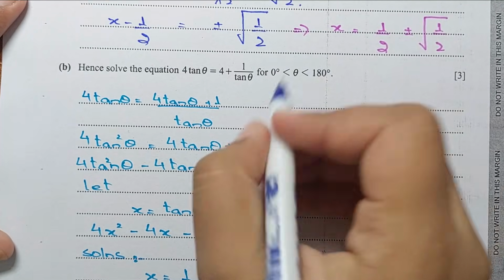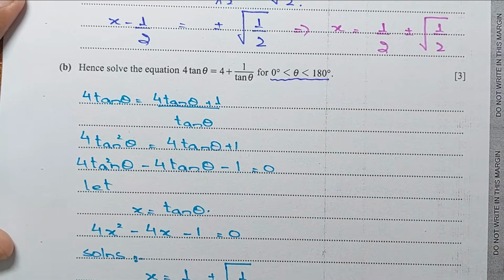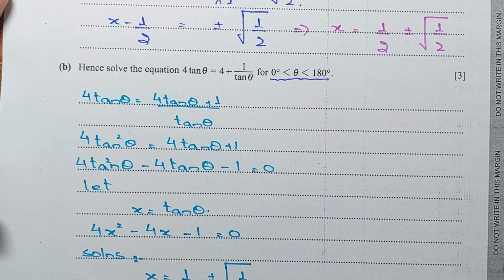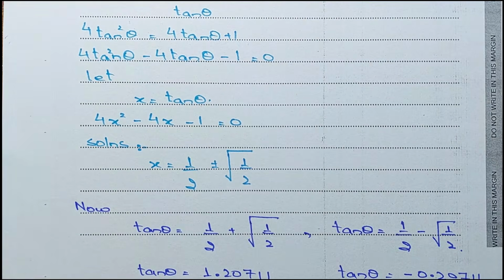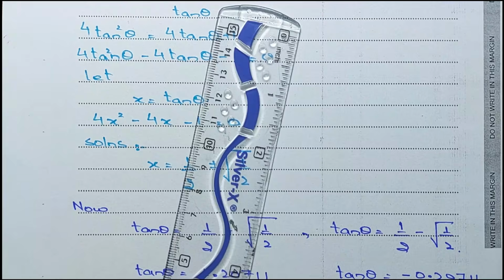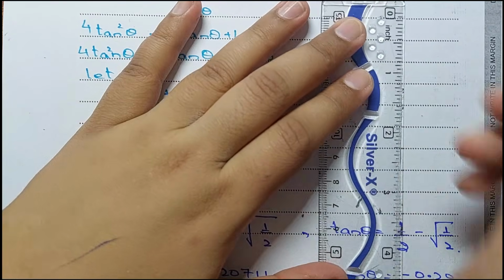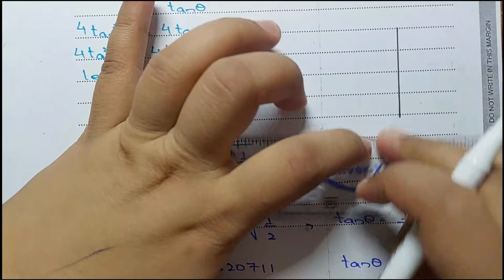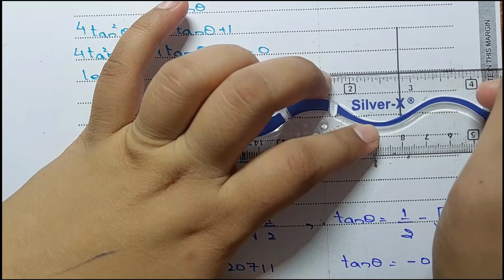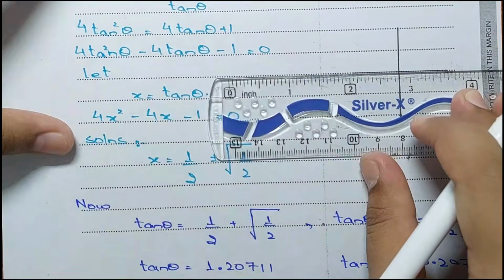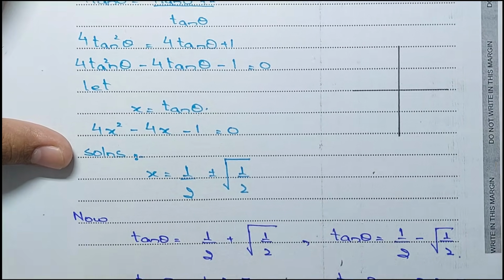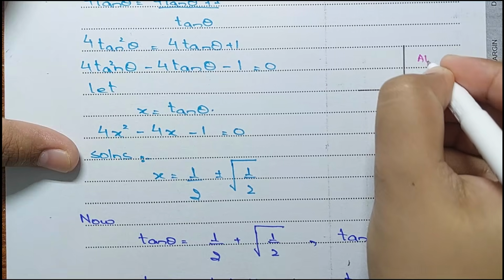The domain we have been given is from 0 to 180 degrees. So we need to check in which quadrant it is positive and in which it is negative. Let me draw the coordinate diagram for this. Okay, so in the first quadrant we know all trigonometric ratios are positive.